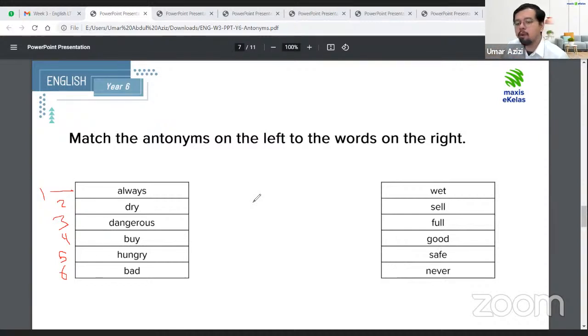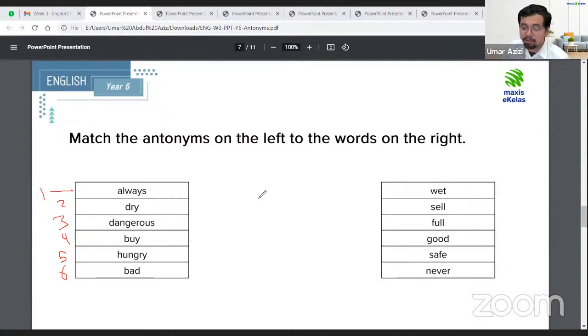So question number 1, what is the antonym of the word always? Antonym of the word always. Thank you, Zaina. Yes, lemah lembut.